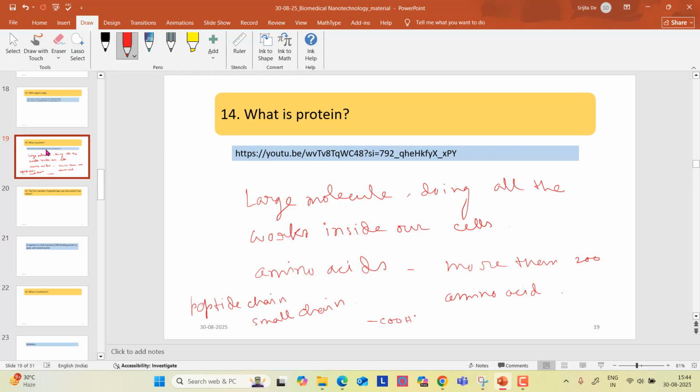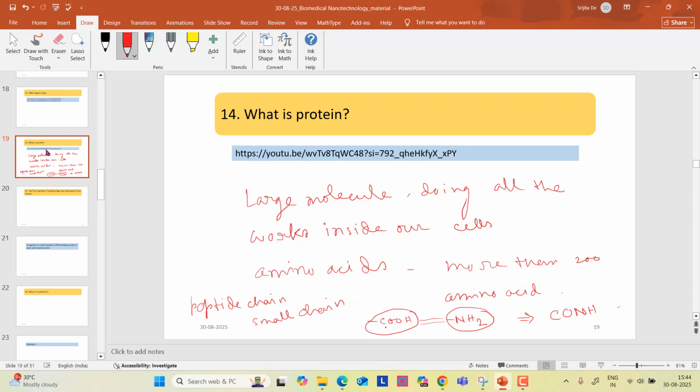the COOH group of one amino acid to the NH2 amino group of another amino acid, and they bond together. They will form a CONH group. So what is happening?